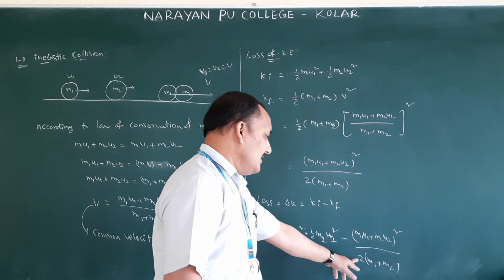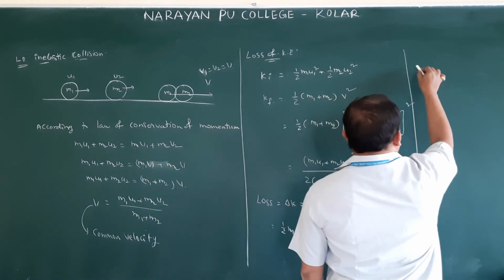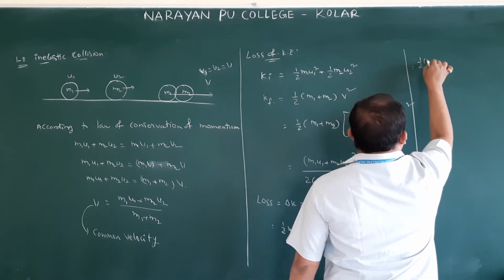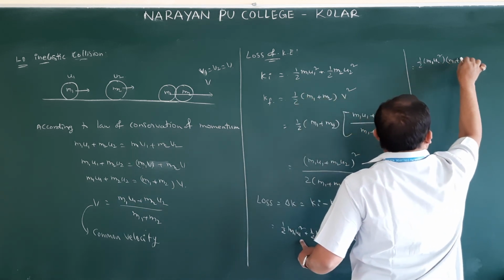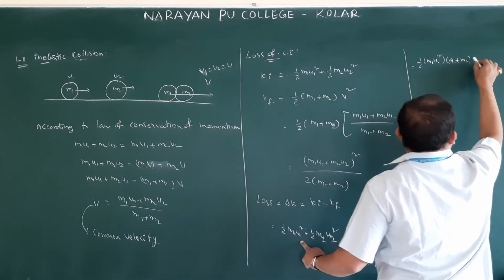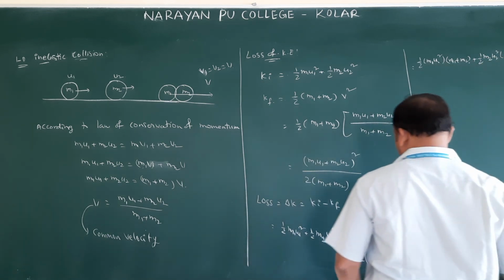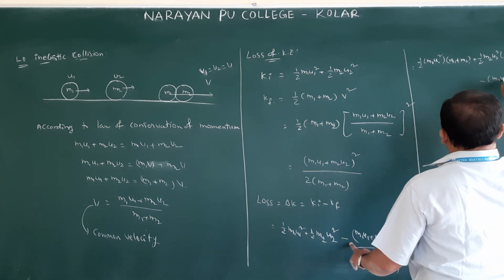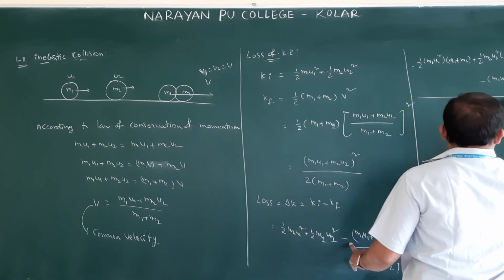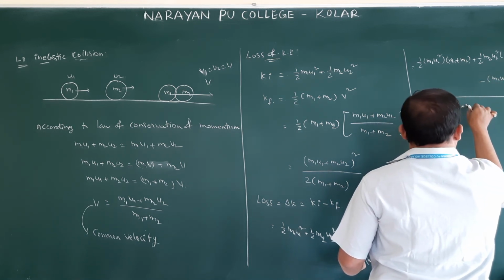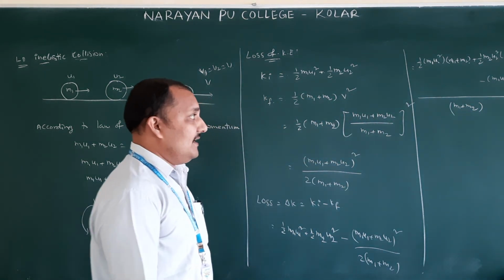Otherwise you can take half common, otherwise M1 plus M2 LCM you can take. If you take M1 plus M2 LCM: M1 U1 square into (M1 plus M2) plus M2 U2 square into (M1 plus M2) minus (M1 U1 plus M2 U2) whole, divided by M1 plus M2. Correct only?